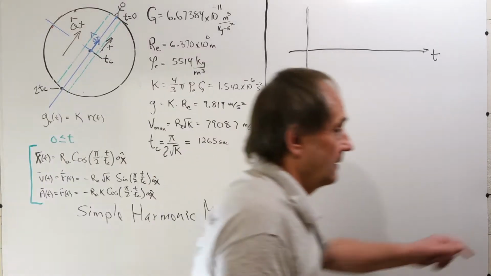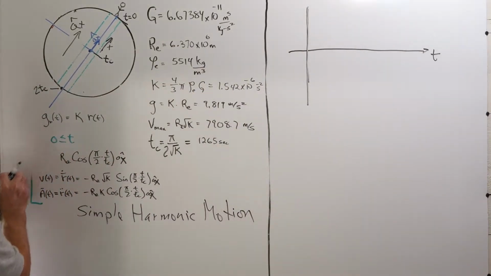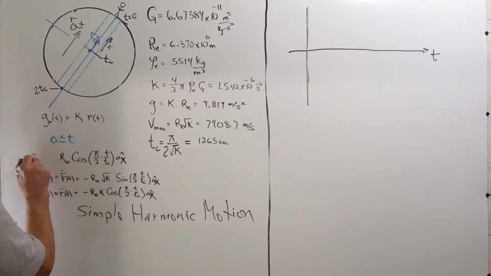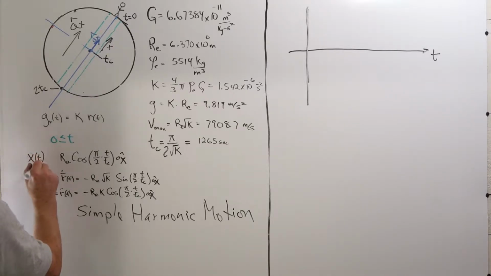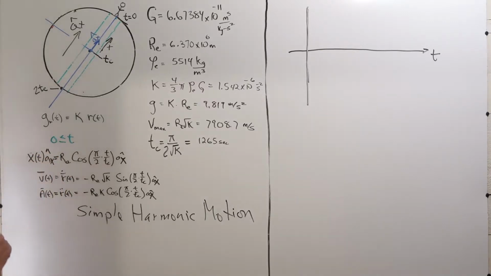So what we should do is write this in this fashion. This is x of t in the a sub x direction. That's our position vector.